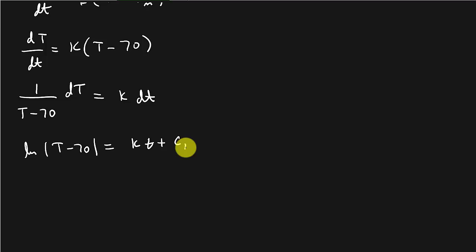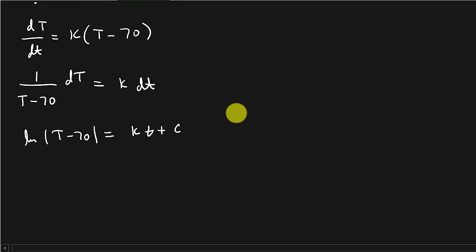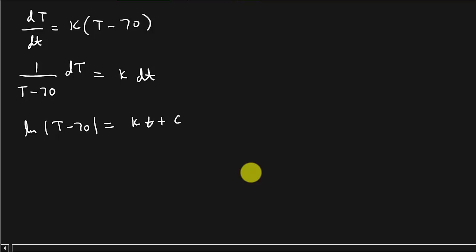And so what I'm going to do here is, let me see how much room I got. Oh, I'm already about to run out of room on it. All right, so if we raise both sides to the e power, that's going to give me T minus 70 equals e to the kt plus C1, which is e to the C1 times e to the kt.